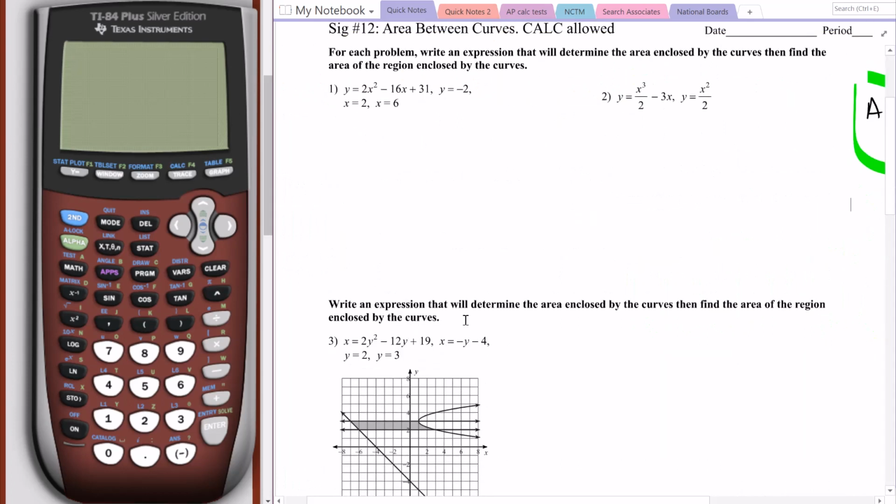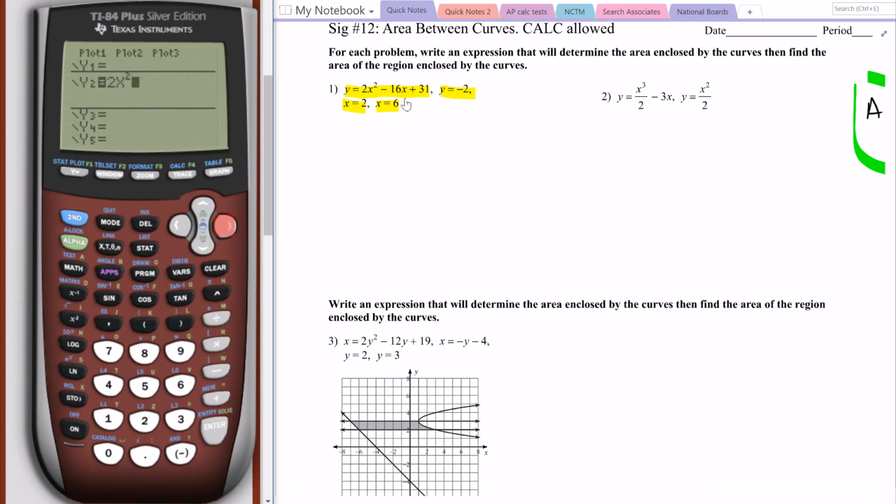The first one is the curve y equals 2x squared minus 16x plus 31, y equals -2, x equals 2, and x equals 6. So we need to go ahead and graph these, unless you want to try to do it by hand.